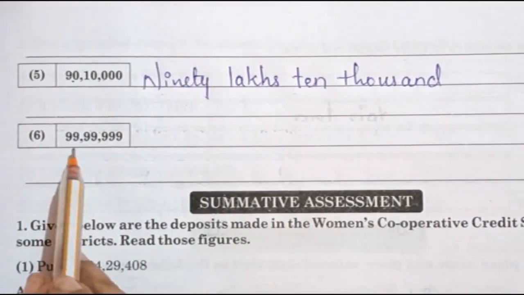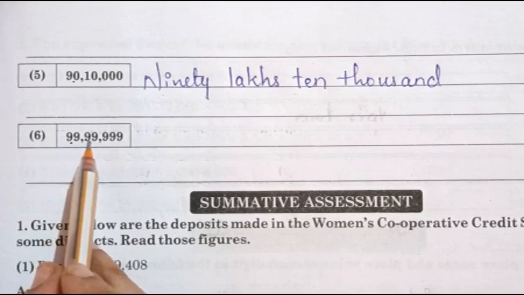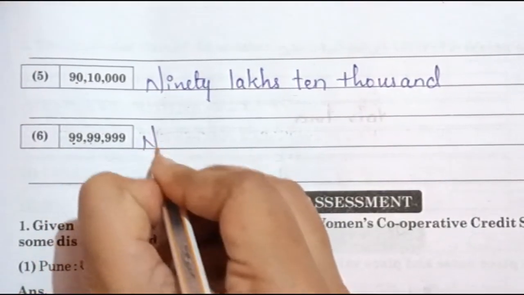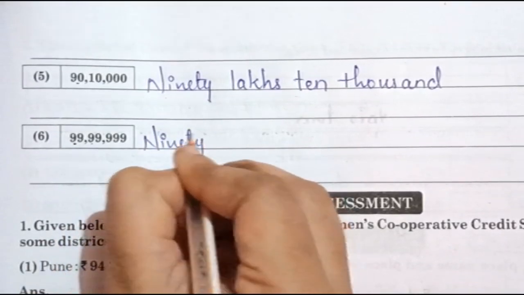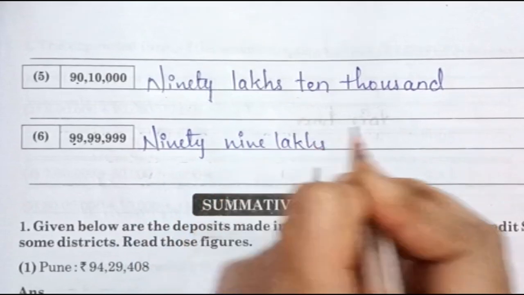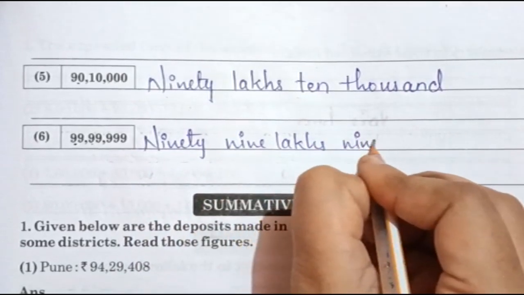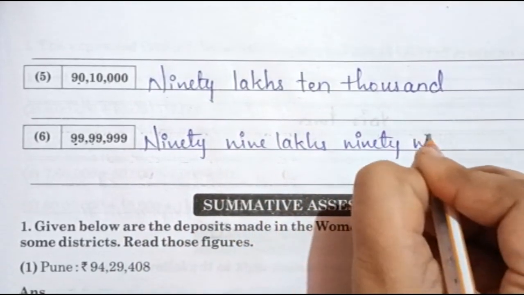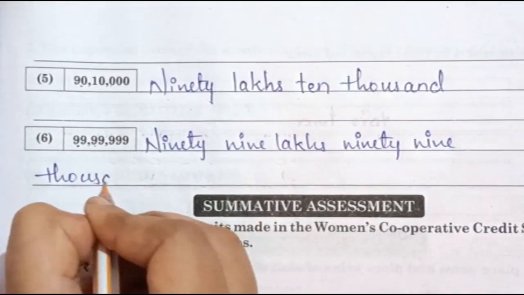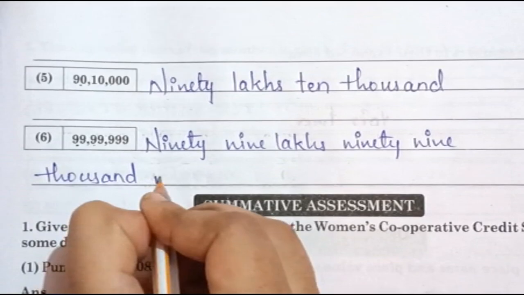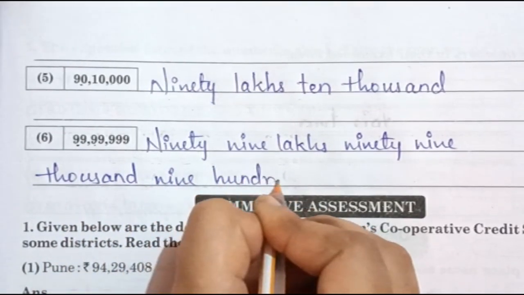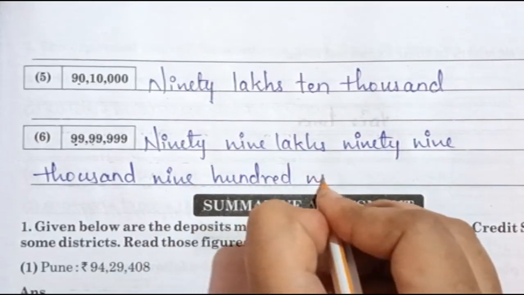Okay. The next number is 99 lakhs 99,999. So you will write it as 99 lakhs 99,999.